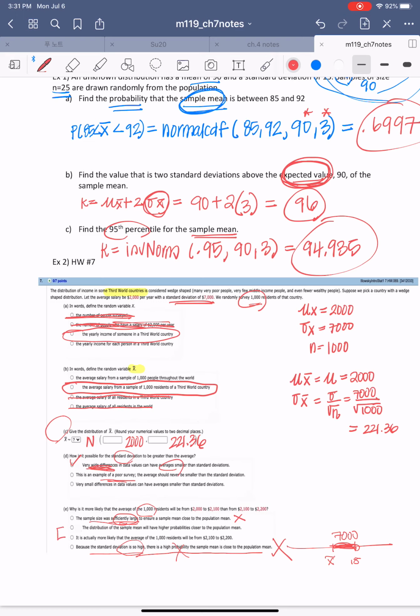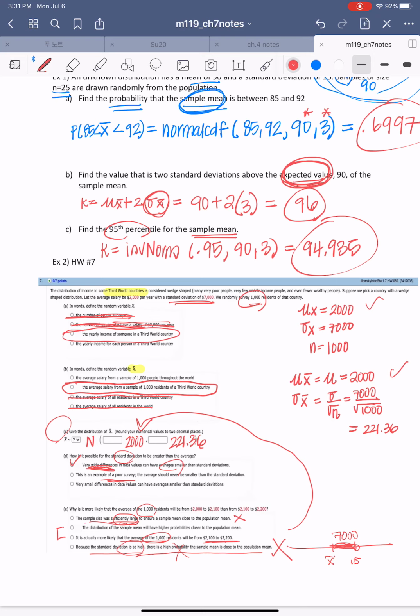It is actually more likely that the average of 1,000 will be from 2,100 to 2,200. We don't know that. We just measured and got the result that it was 2,000, right? 2,000 here, 2,000. So I don't think the mean will change from 2,000 to 2,100.